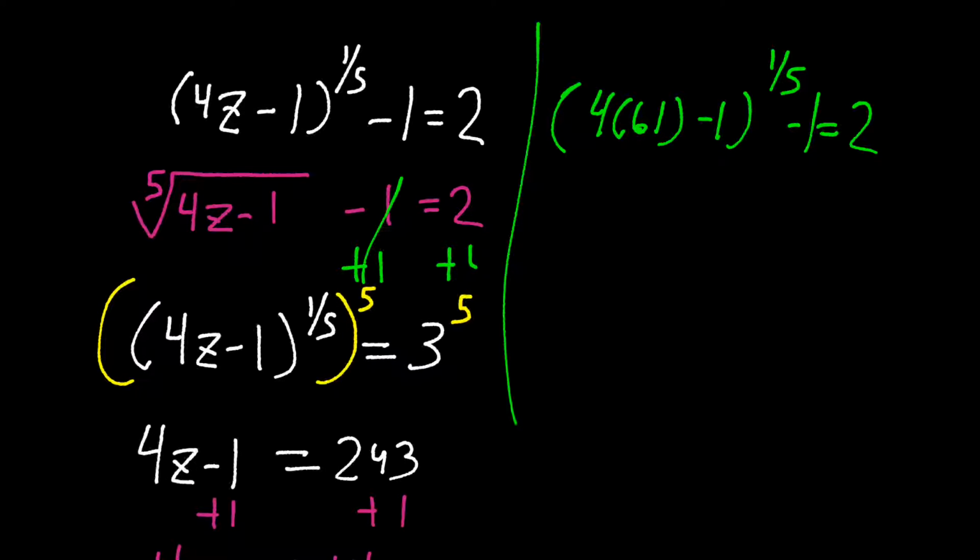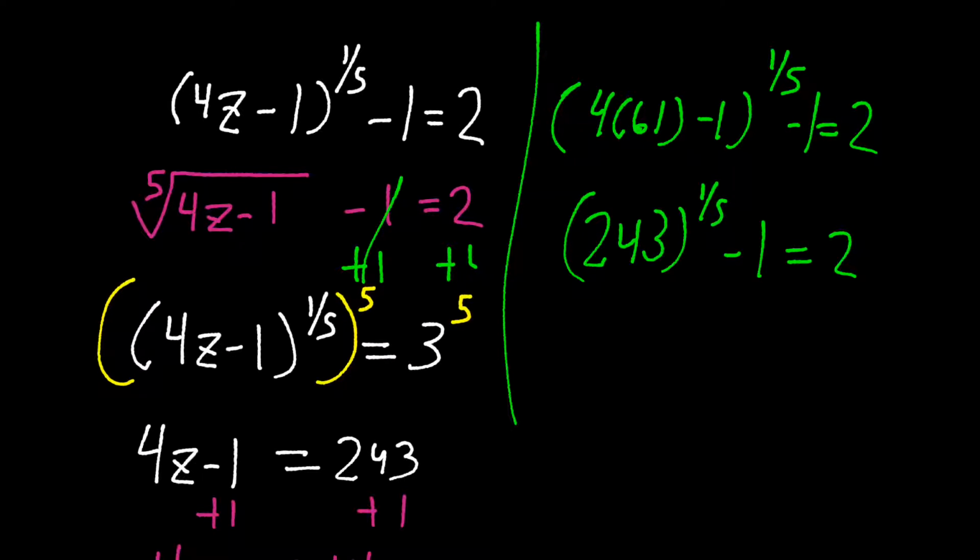Well, we just said 4 times 61 was 244. Minus 1 is 243, so we have 243 to the 1/5 power, minus 1 equals 2. And since we worked this out already, we know the 5th root of 243 is 3. If you're not sure about that, check it on your calculator.